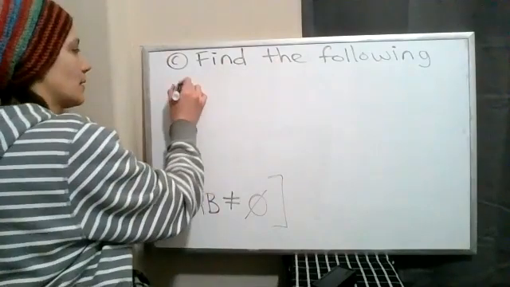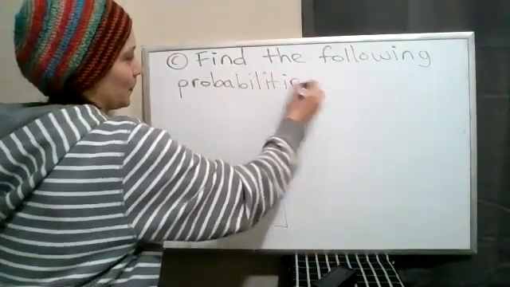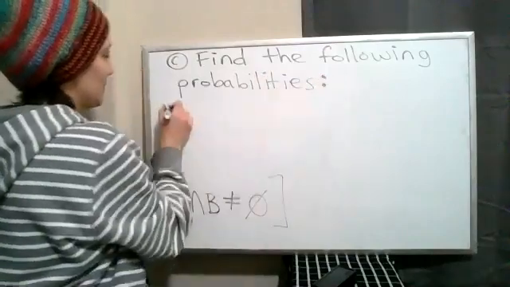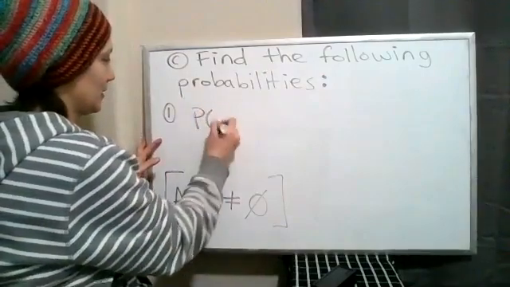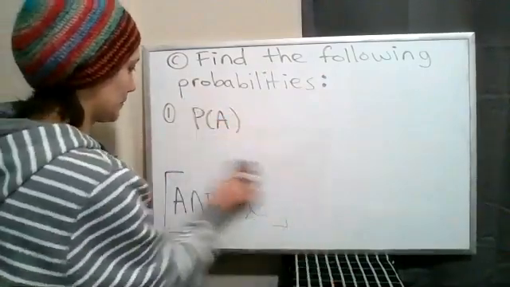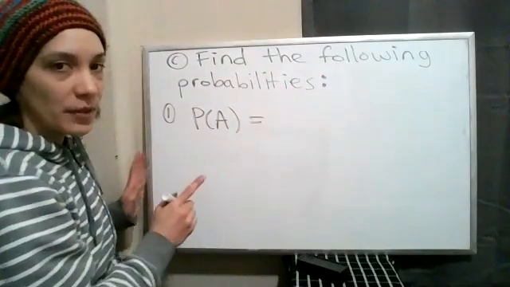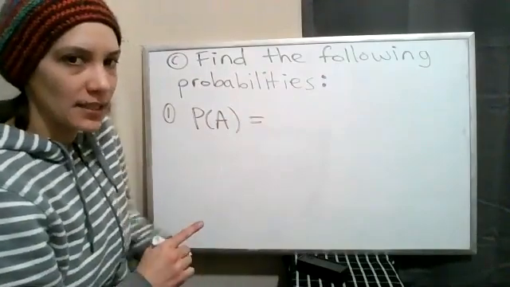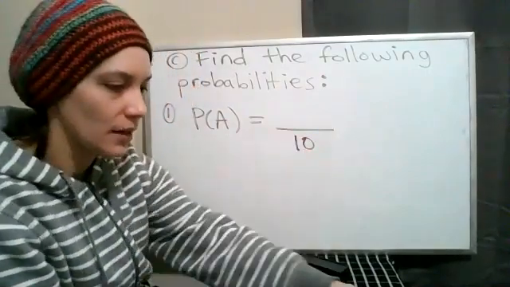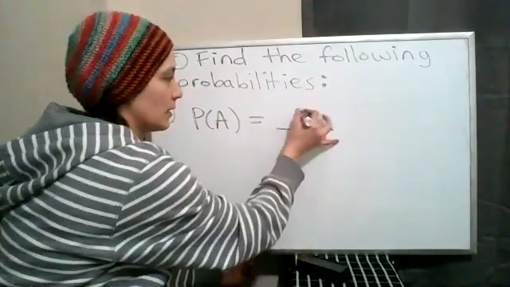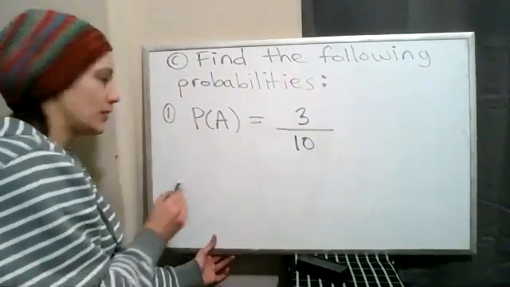Start with probability of A. So find the number of outcomes in A, divide by the number of outcomes in S. I remember that S had 10 elements inside. And A has, let's see, 1, 2, 3 outcomes. You could leave it like, fraction form is fine. We'll leave it like that.